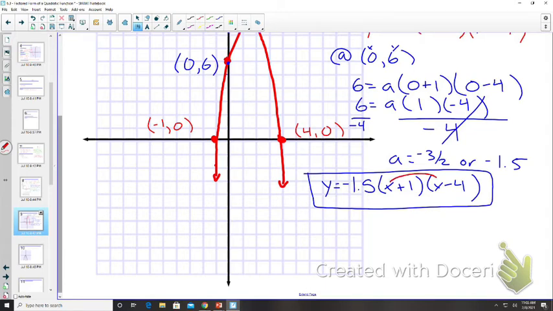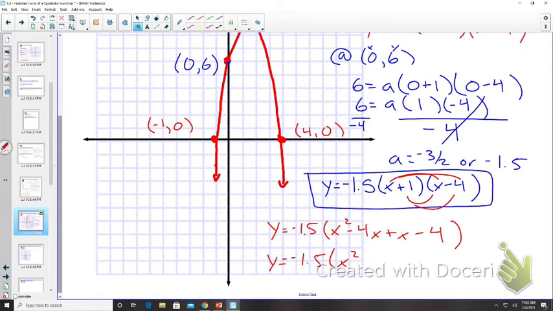So you don't have to, but I just want to show you guys how you can easily go from factored form to our standard form. Okay, so we'll keep -1.5 outside. Then we have x squared minus 4x plus x minus 4. So -4x plus x is -3x minus 4.